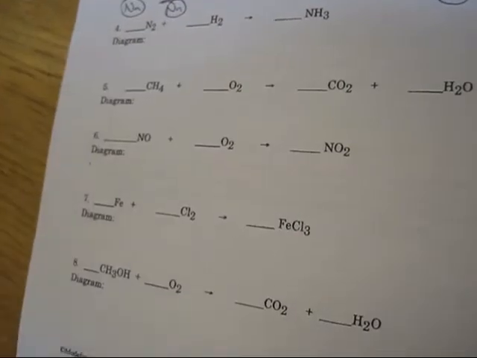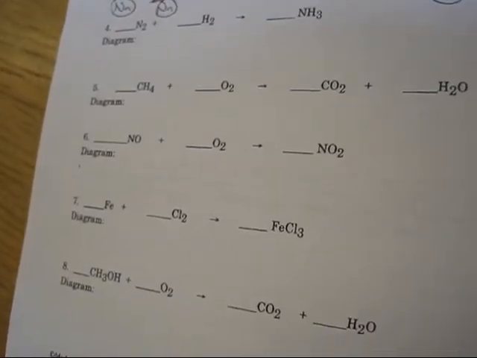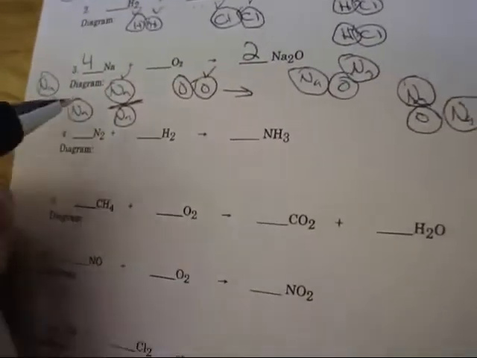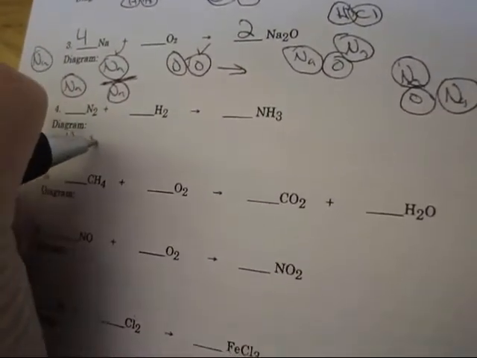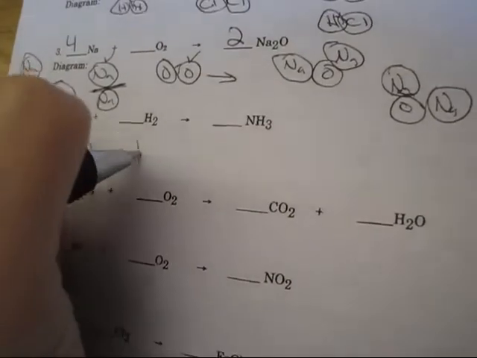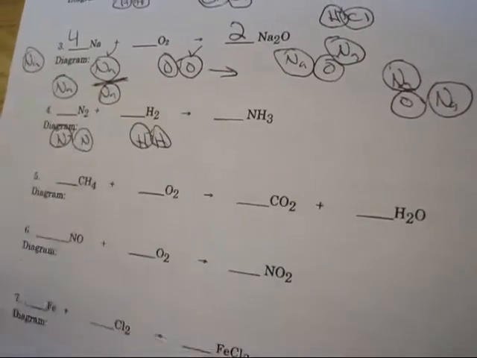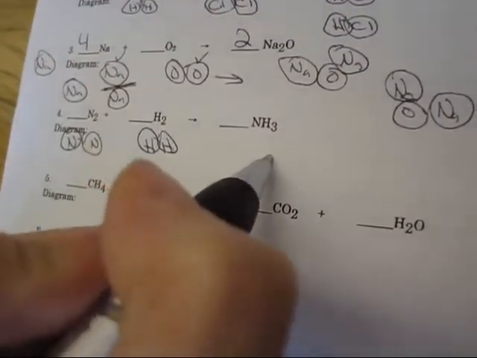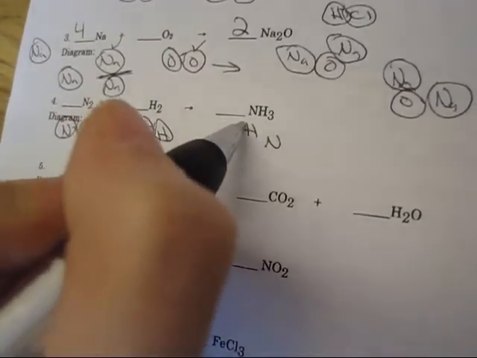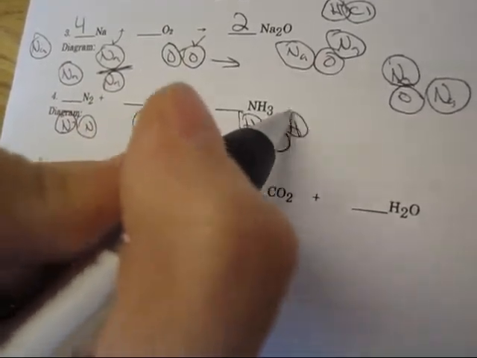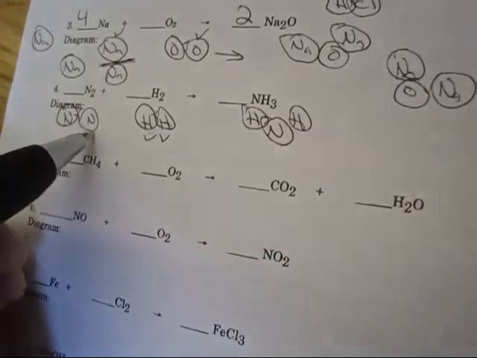Try to balance them. All right, hopefully you've tried to balance them. I can show you what the answers are now. Here we have 2 N's, and here's 2 H's. Well, to make NH3, right now I just have enough to make NH2, right? I use those in that one.